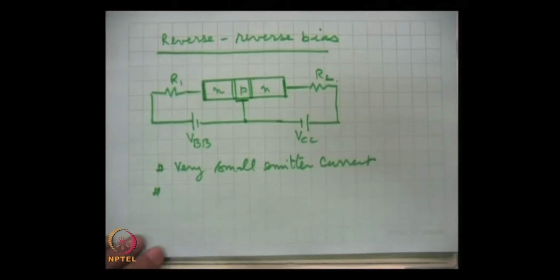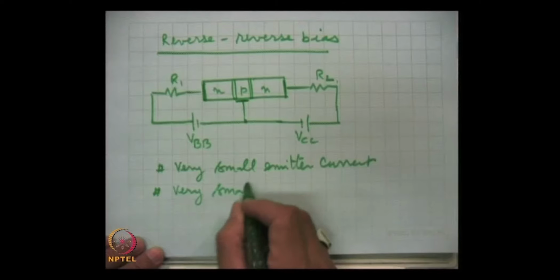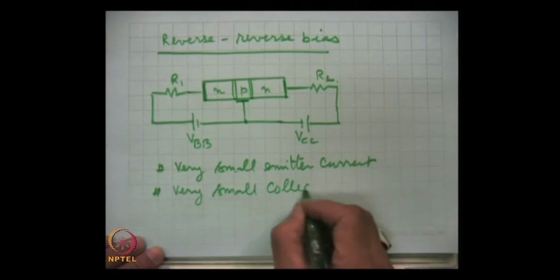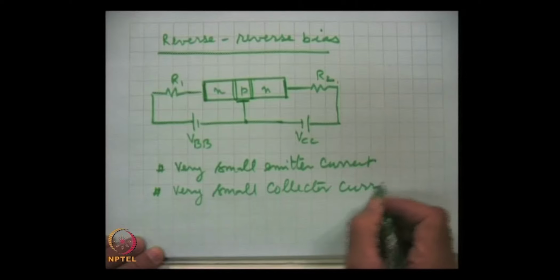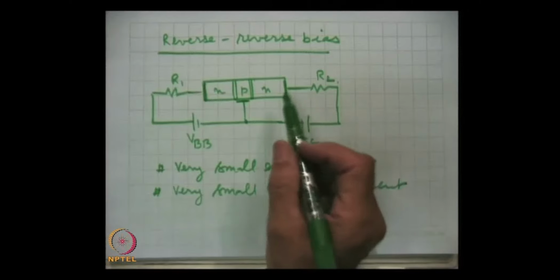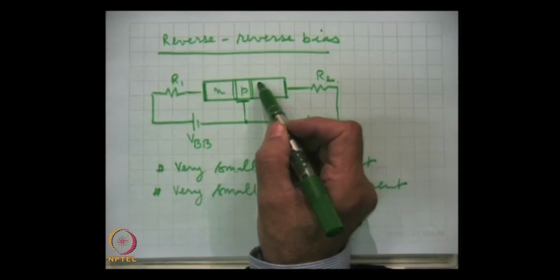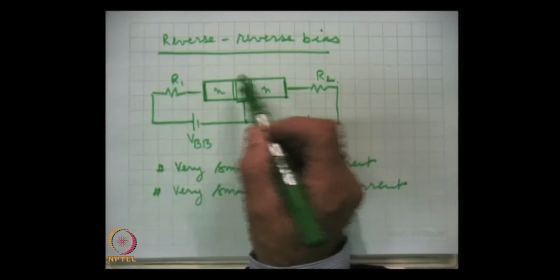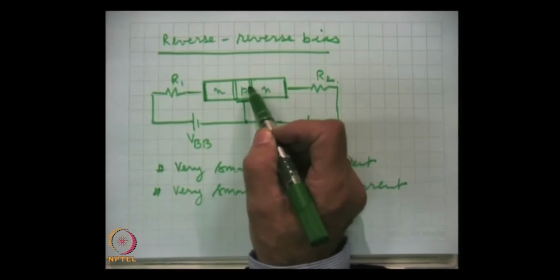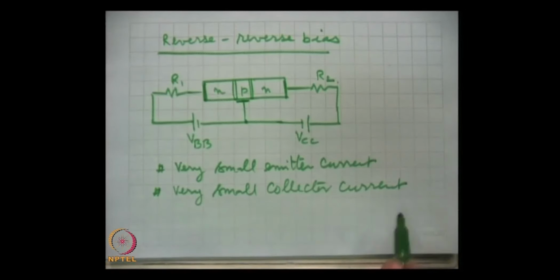So, there will be a very small collector current, which will of course arise because of the minority holes drifting from the collector towards the base and minority electrons drifting from the base towards the collector. That will constitute the collector current.